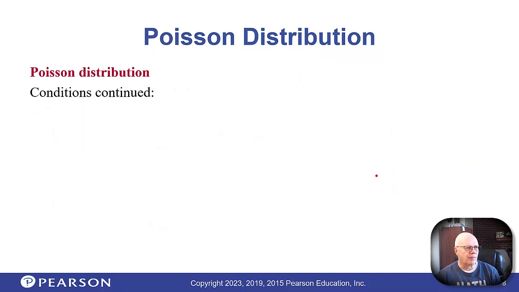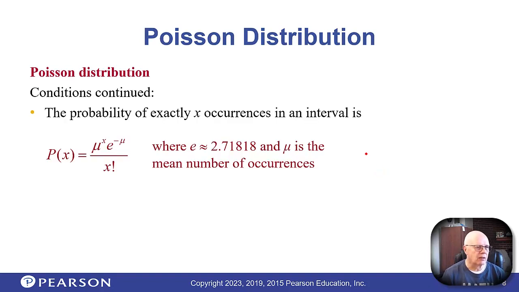All right, conditions continued. Well, actually, it's not a condition. This is how we calculate that probability. And you can do this on your calculator directly. It's not really that hard. The mu here, mu represents the mean, that's the average. X represents how many occurrences you're interested in.